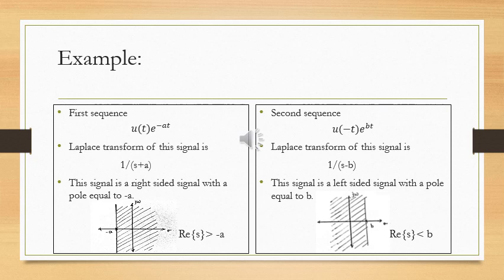So when we take the Laplace transform of this signal, we get 1 divided by s plus a. Now, if you want to find the ROC, we need to equate the denominator to 0. That is, s plus a should be equated to 0. So we get a pole equal to minus a.